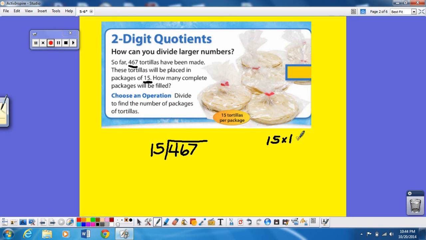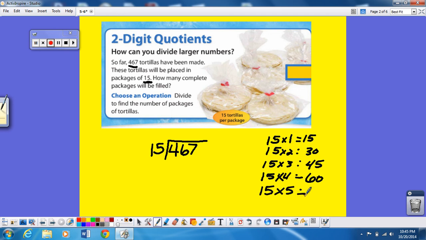You can make a list of your 15s. 15 times 2 is 30. 15 times 3 is 45. 15 times 4 is 60. 15 times 5 is 75. Okay, let's stop right there.